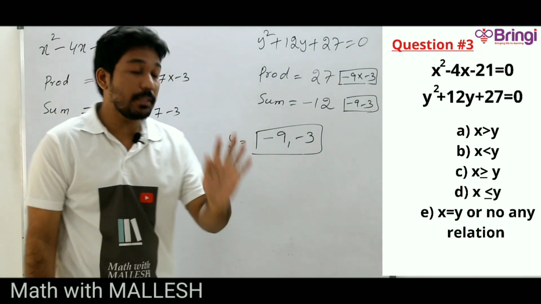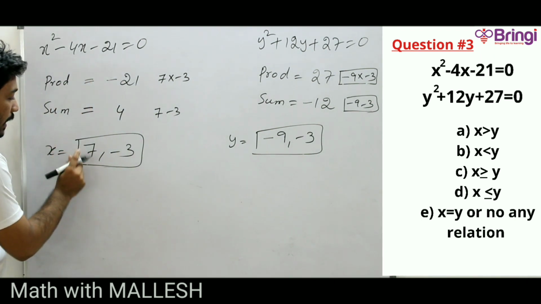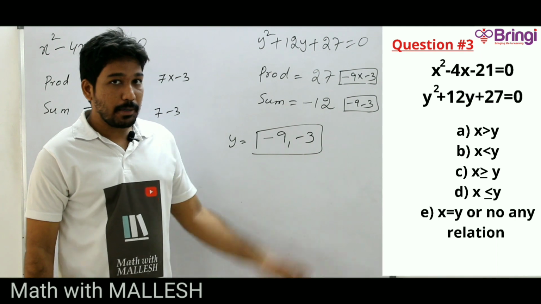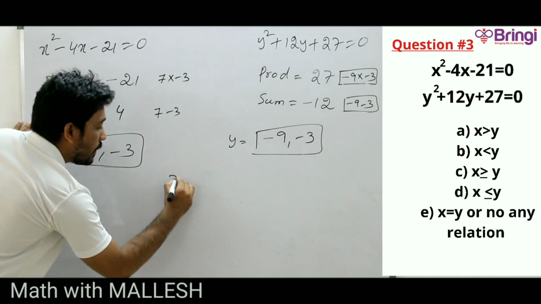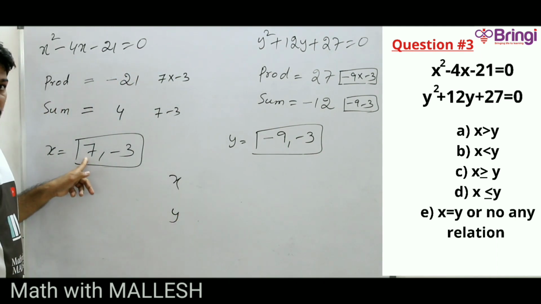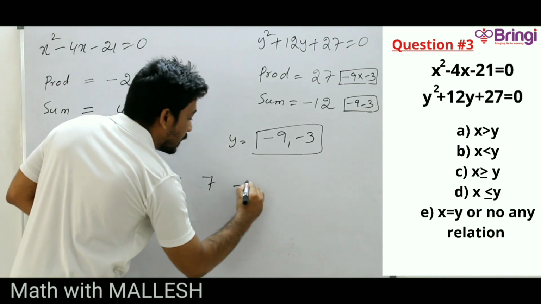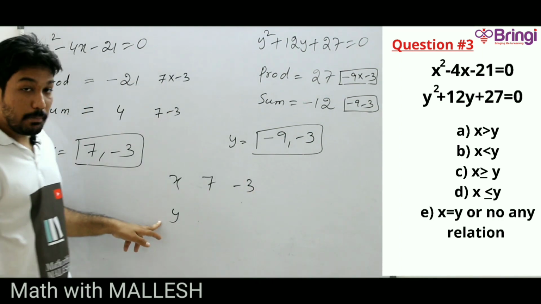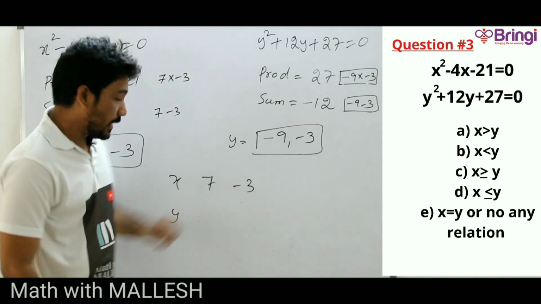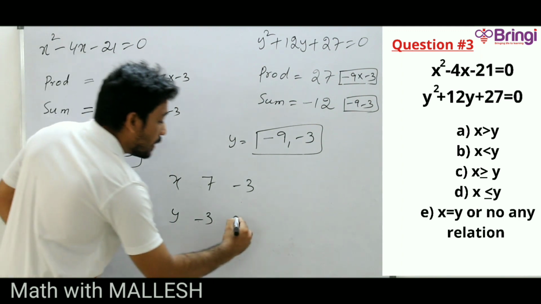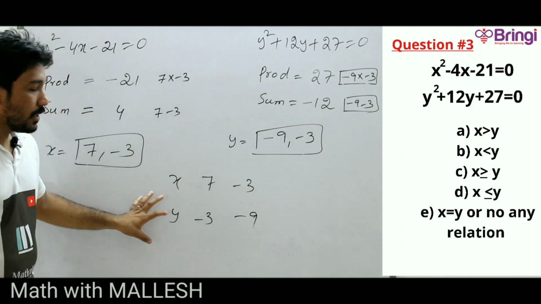Perfect. So x value 7 comma minus 3 and y value minus 9 comma minus 3. What is x value? 7 is the bigger number and minus 3 is the smaller number. Now coming to the y value, minus 3 is the bigger number and minus 9 is the smaller number.